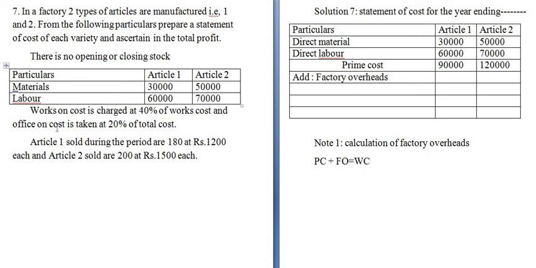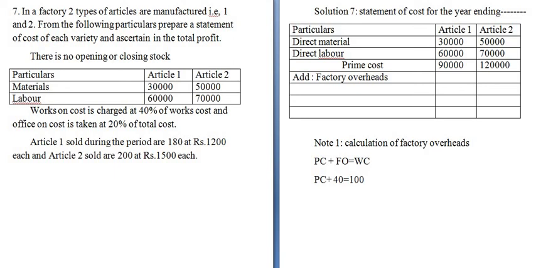Now what they have told here, works on cost is charged at 40% of works cost. It means factory overheads are 40% of works cost. We don't know the percentage for prime cost, but factory overheads are 40%. 40% of what? Works cost. So we will assume works cost will be 100.